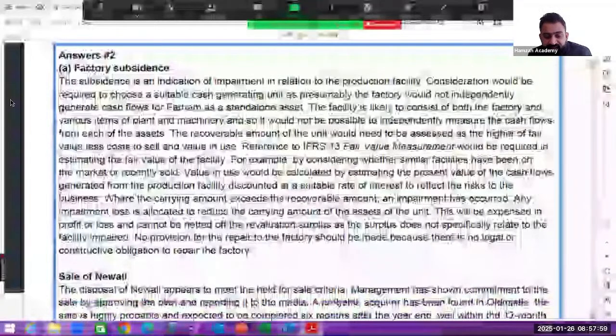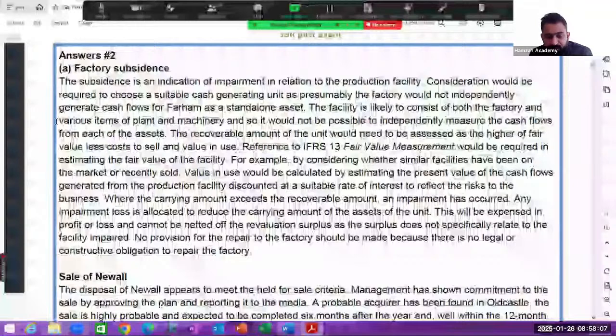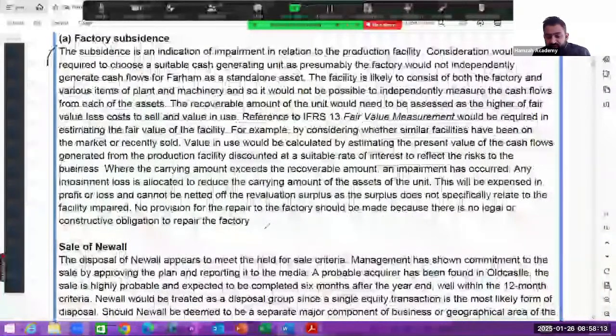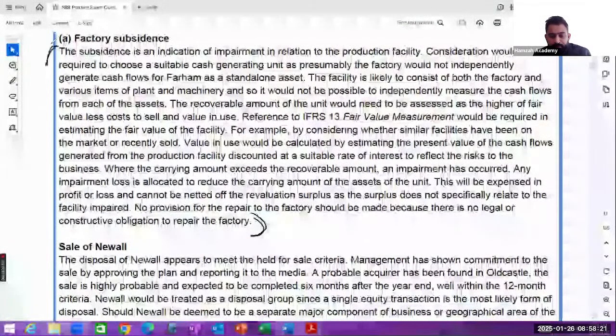Here I have a written answer regarding the factory subsidence, and it starts from here. I have highlighted the area. Kindly read it.